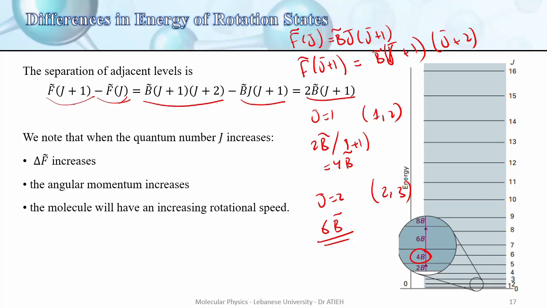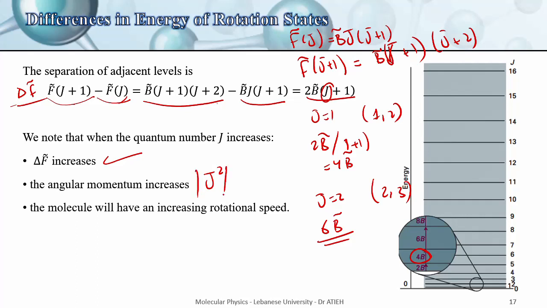What happens when the quantum number J increases? When J increases, the separation between the levels increases. Delta F depends on J, so that separation between the levels will increase. This is the first thing that will happen. The angular momentum, J, will increase. We know that J squared, this is the angular momentum, is replaced by the quantum number, J(J+1) h bar squared.